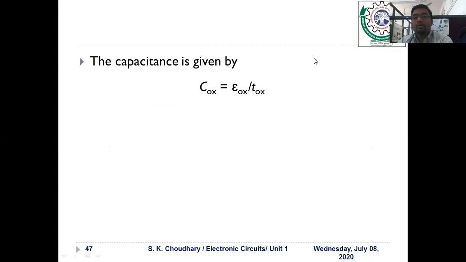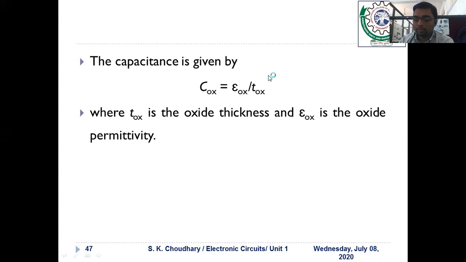Okay. Now another important term in the formula of Kn is Cox. So Cox is what? Oxide capacitance per unit area, and it is equal to epsilon ox upon Tox, that is, the oxide permittivity upon the thickness of the oxide layer.